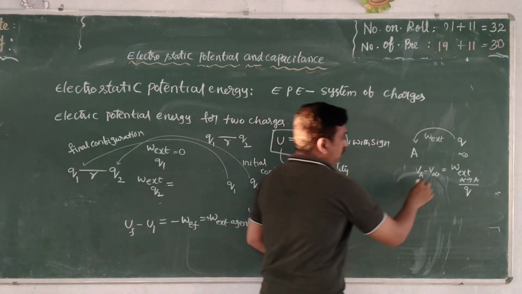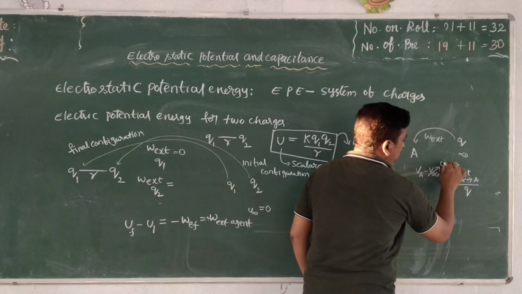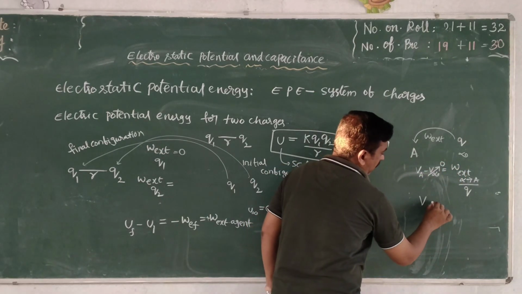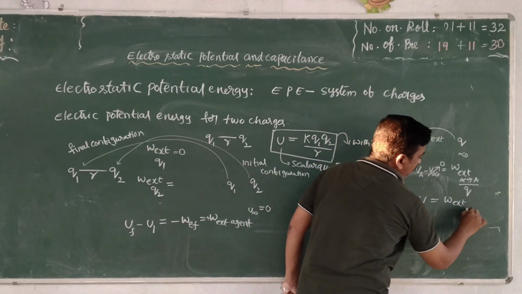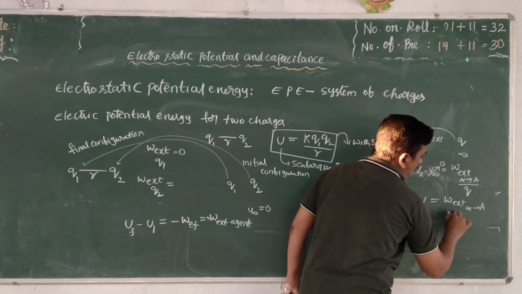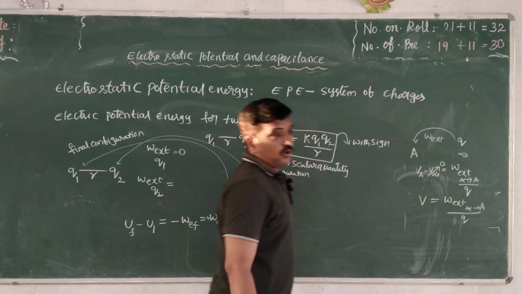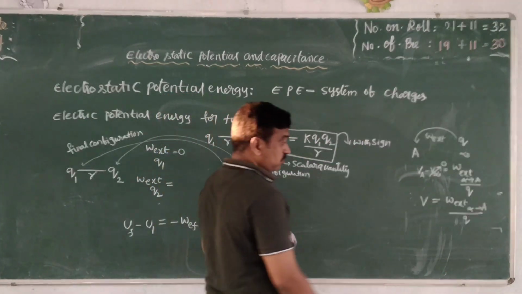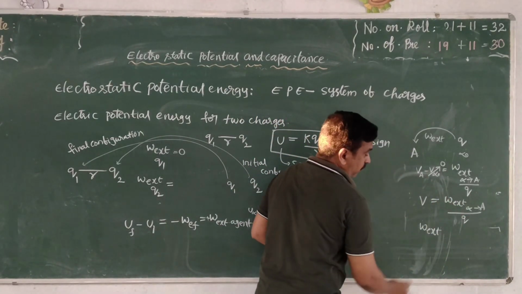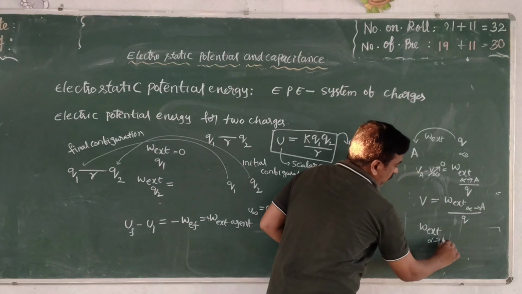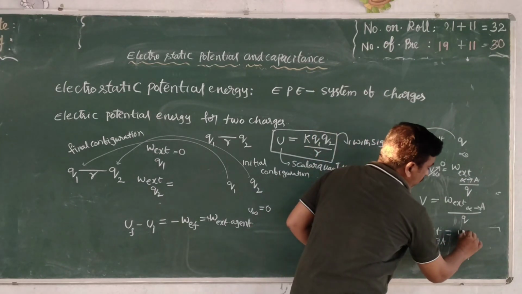Since potential at infinity is 0, V at a is work done by external agent in bringing charge from infinity to a, divided by charge. From this we can write work done by external agent from infinity to a equal to V into q.